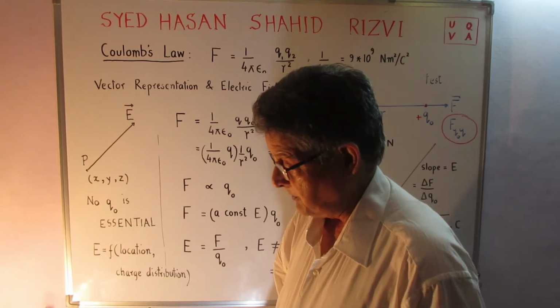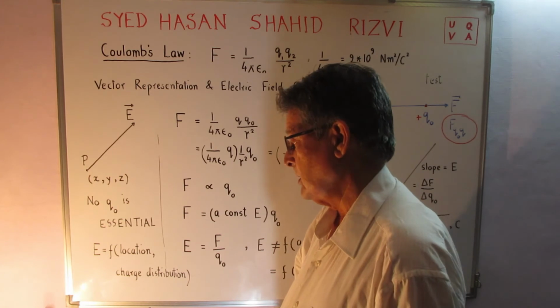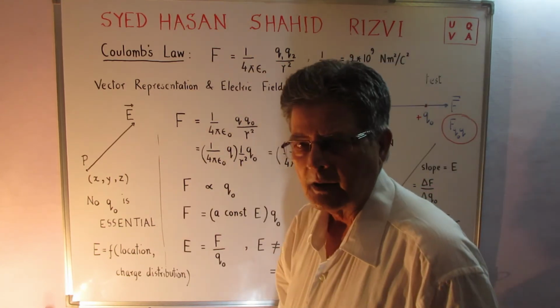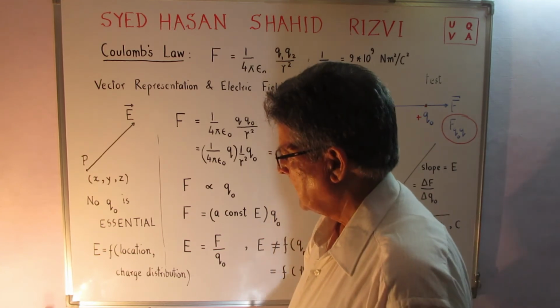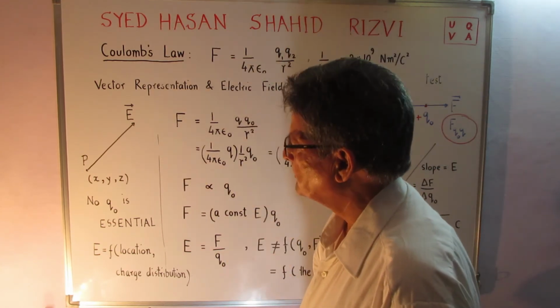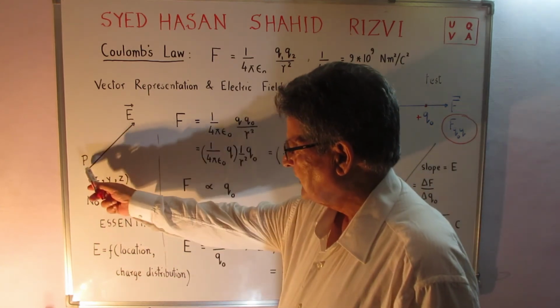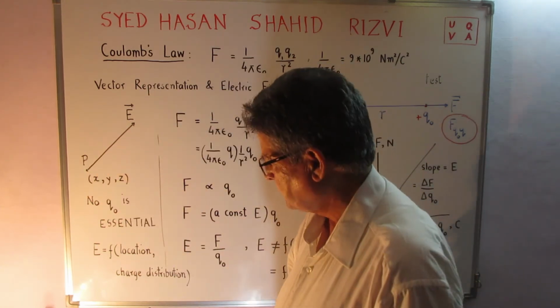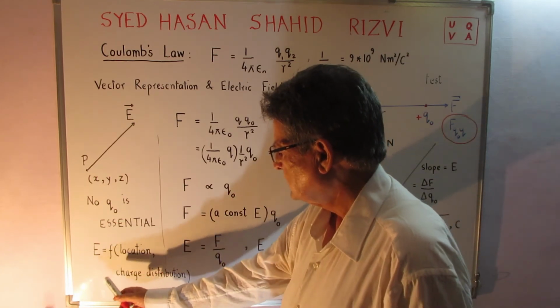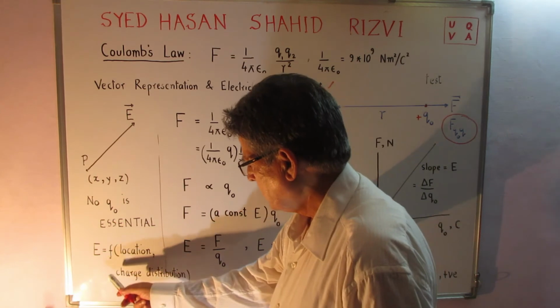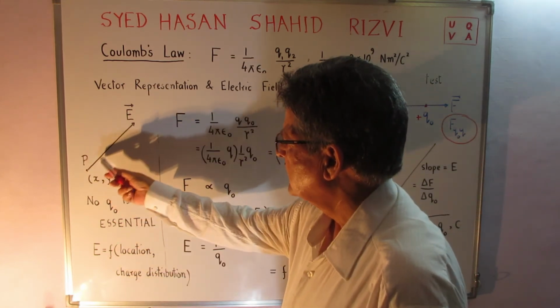It may be present. When I say it's not essential, then let's take it away. Q naught, mentally, we take it away. So this E is a function of what? The location of the point in space, and also the charge distribution because of which this has come up.